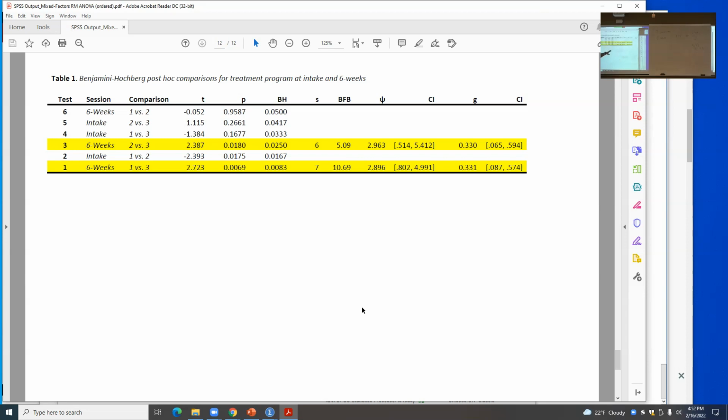It doesn't look like we have clear evidence for differences between programs at baseline. But at final treatment, we do have evidence for program 3 showing lower scores by about 3 points, about a third of a standard deviation less than the other 2.